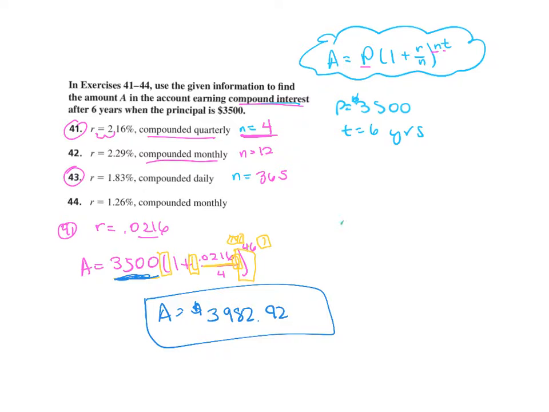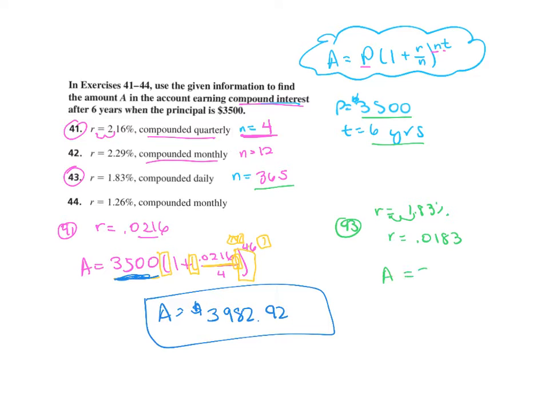So number 43. We notice that the rate will be 1.83%, or you move the decimal place over twice. So therefore the rate is 0.0183. The principal is the same, the time is 6 years, and n is 365.